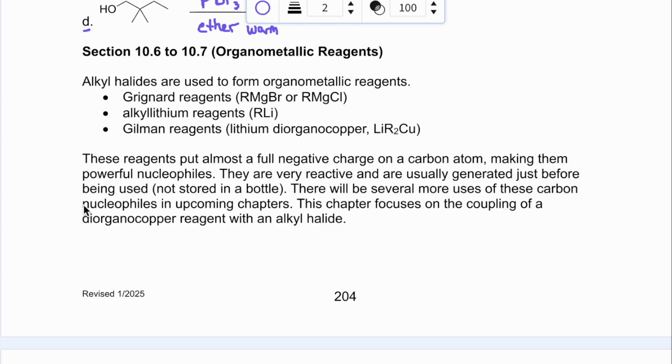The powerful thing about these reagents is that it puts a negative charge onto carbon, and so then carbon can act as a nucleophile and attack different electrophiles. The electrophile that this chapter talks about attacking is an alkyl halide.